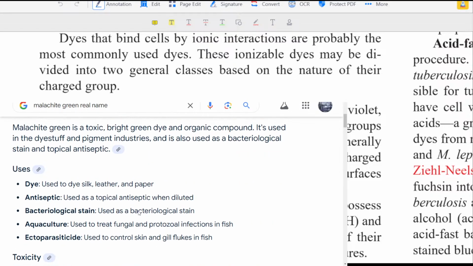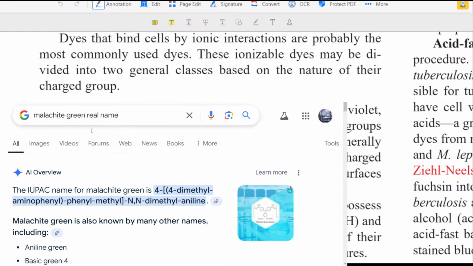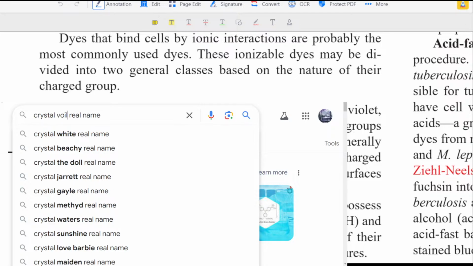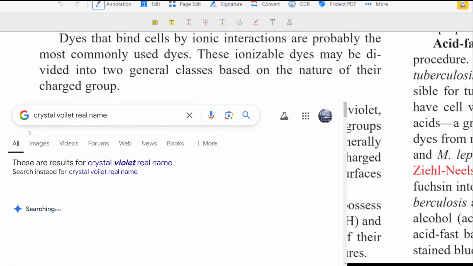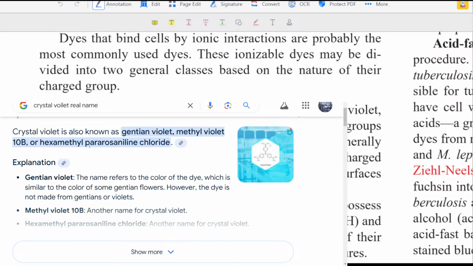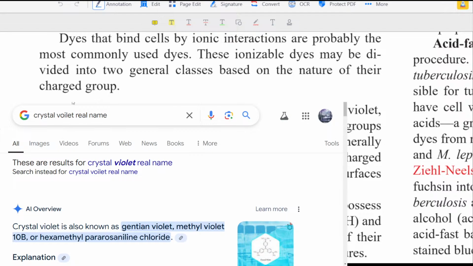It is toxic. Alright, so crystal violet is what? I forget my spelling again. Hexamethyl pararosaniline chloride. So it is chloride. I didn't know its full name was this.